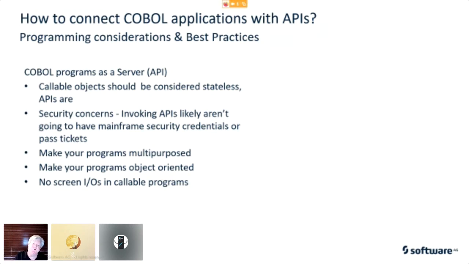Make your programs object-oriented. That's the strength of Dole, why they were able to do it. If you're going to do an update, if you're going to have a business rule, make it one callable object. That's good practice for both APIs and just programming in general. So you don't want to have to rebuild multiple versions of something.